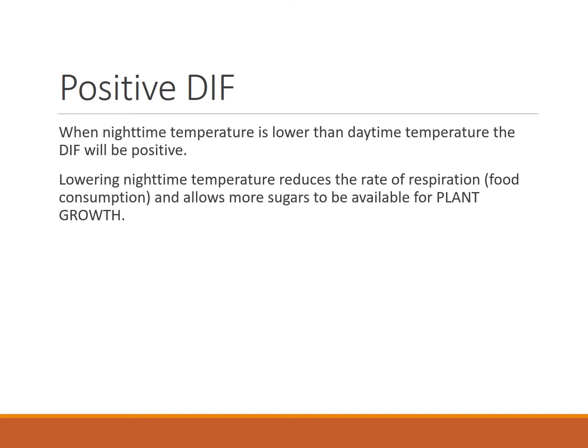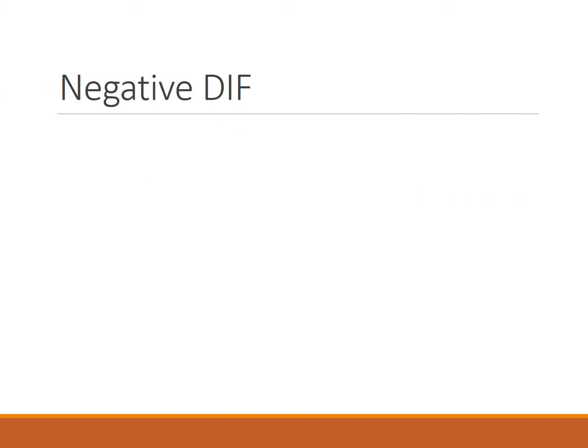So when you lower the nighttime temperature, you reduce the rate of respiration, and that allows more sugars to be available for plant growth. So a positive diff tends to result in taller plants, more growth. So we just looked at a positive diff.